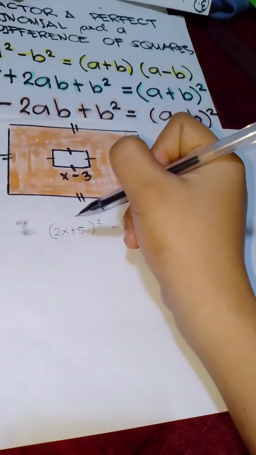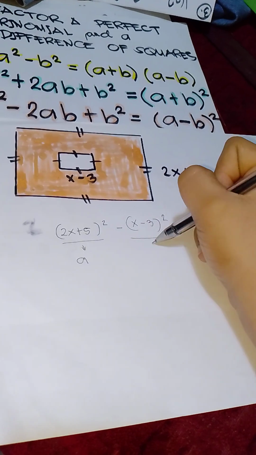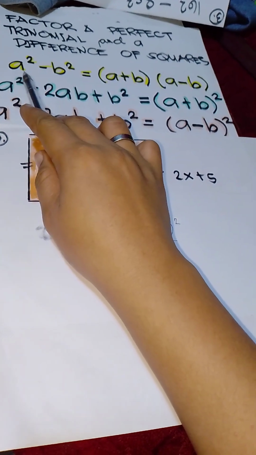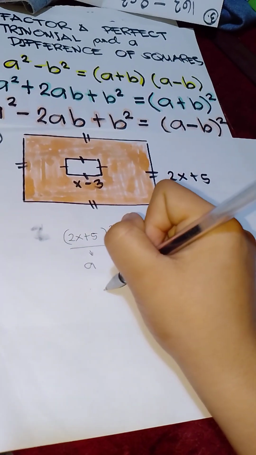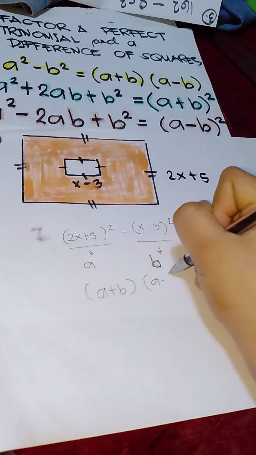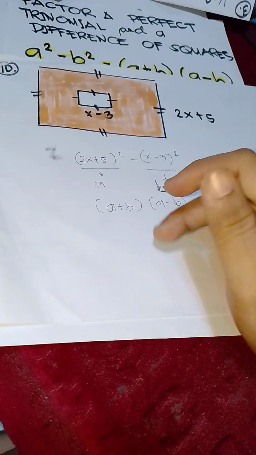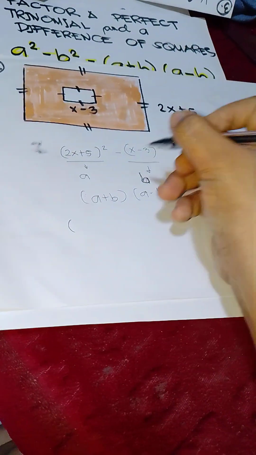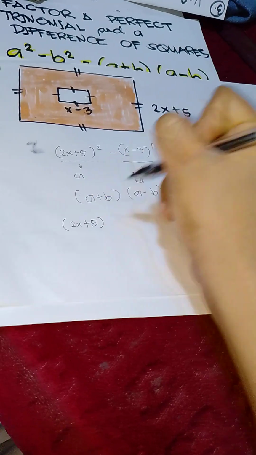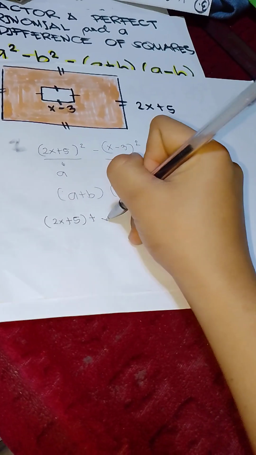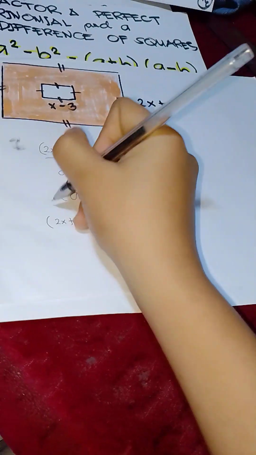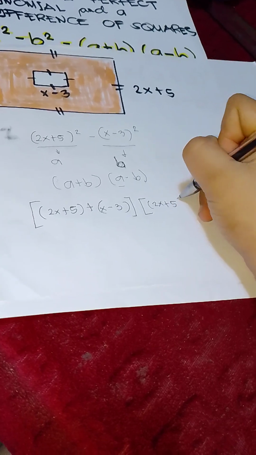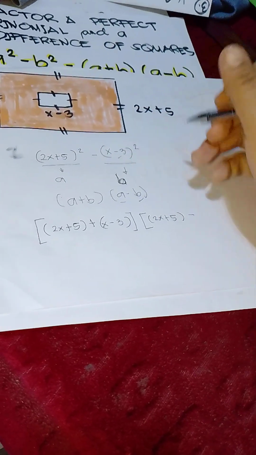So all of this part is the A, and this will be the B. We all know the factor of the difference of squares is A plus B and A minus B. So we're going to write this in the form of A plus B and A minus B. So we have A, 2x plus 5, plus B, which is x minus 3, in brackets, and then this part we have 2x plus 5 minus B, which is x minus 3.